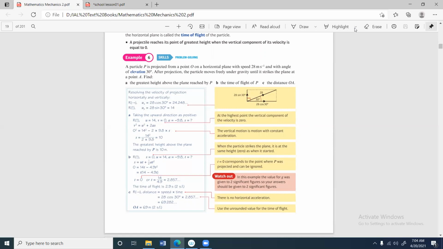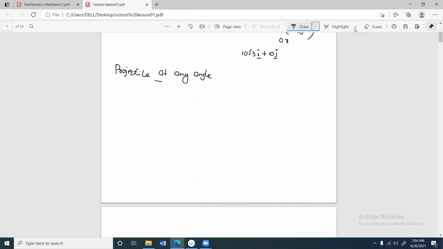If you come up with a question over here: a particle is projected from a point O on a horizontal plane at 28 meters per second at an angle of 30 degrees. They ask to find the greatest height, the time of flight and the distance OA.